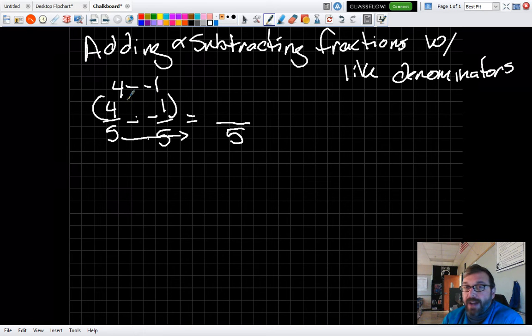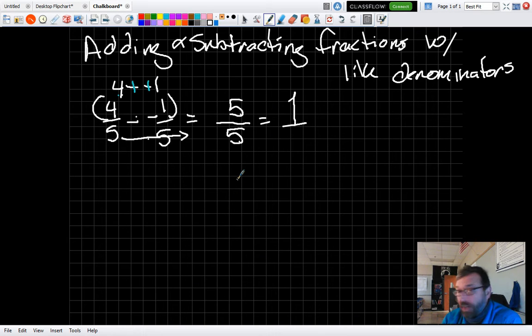When I am subtracting integers, I am adding the opposite. So instead of subtracting a negative 1, I'm going to add positive 1. 4 plus positive 1 is 5. Now, I am not done. I must simplify. 5 goes into 5, and 5 divided by 5 is 1. Easy enough.